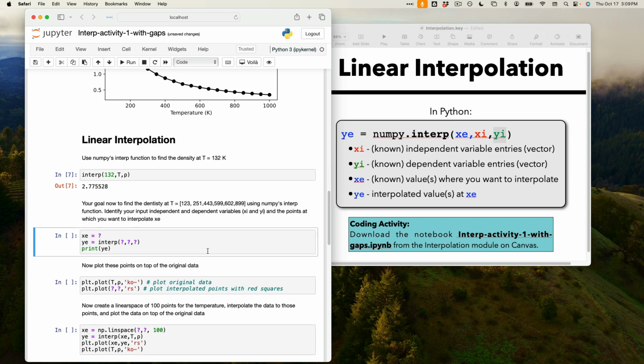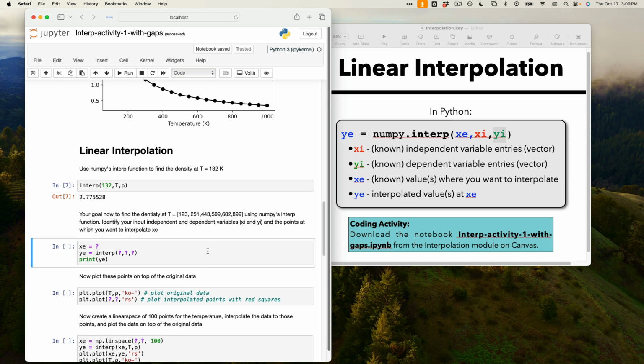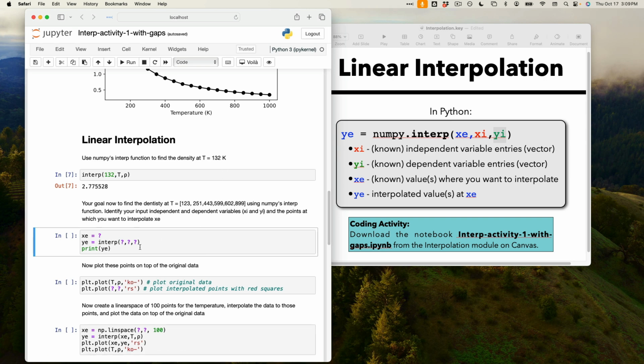I want to interpolate this data at 50 other data points. I can do that. And indeed, in my description, I say known values where you want to interpolate. So that's what we're going to do here. XE is going to be numpy.array, and I'm just going to straight copy these out from here.